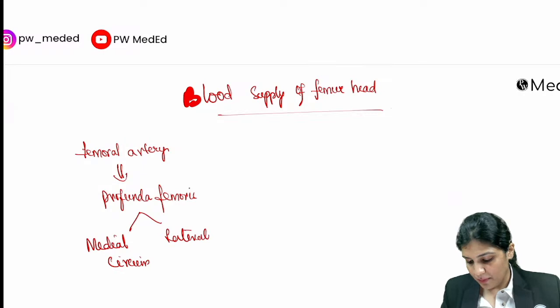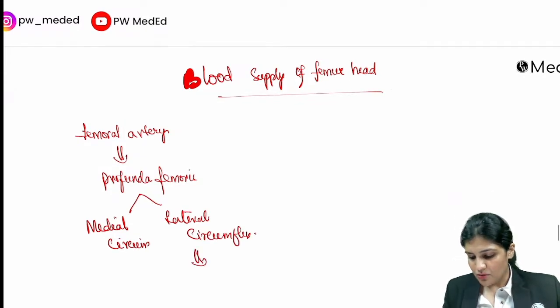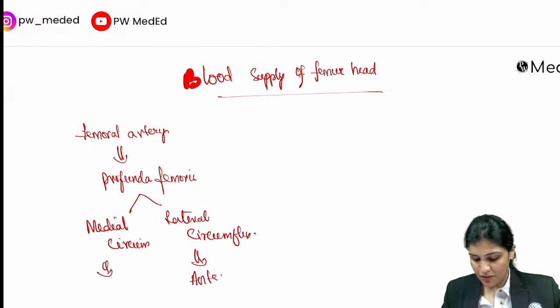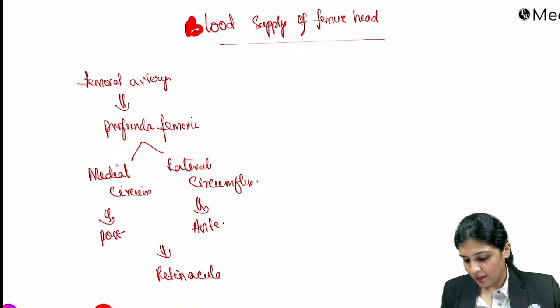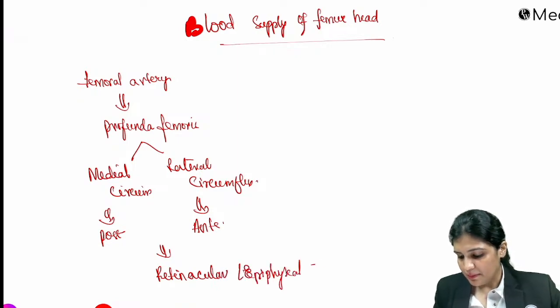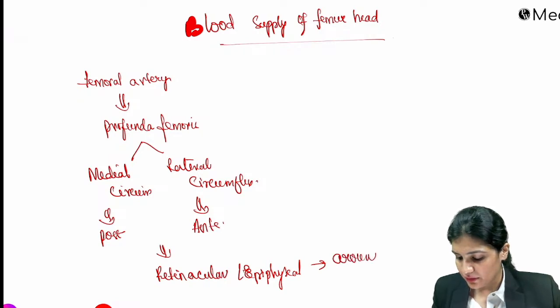But what you have to remember is that the circumflex arteries, this one is present on the anterior aspect, this one is present on the posterior aspect, and this will give rise to the retinacular vessels or the epiphyseal vessels, and these are present around the femur head, right?